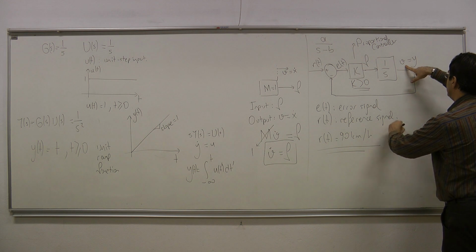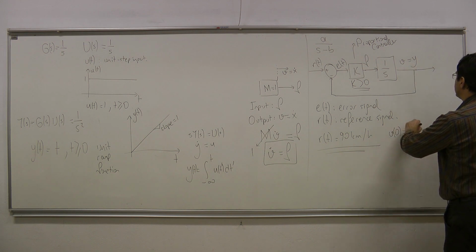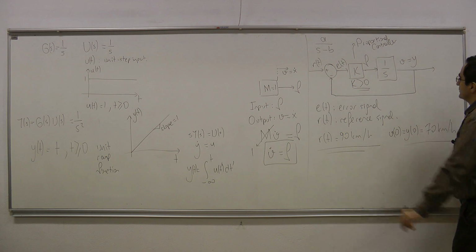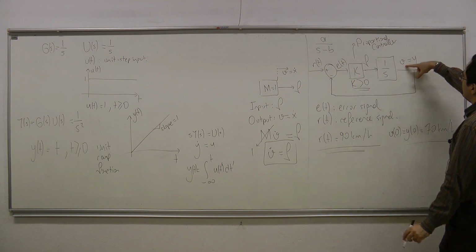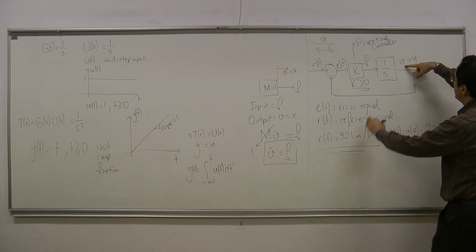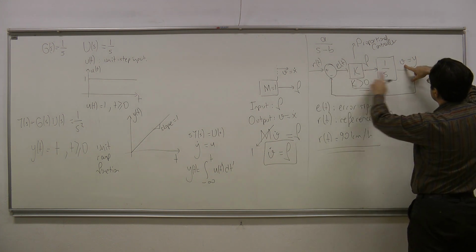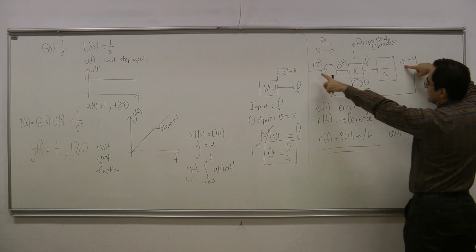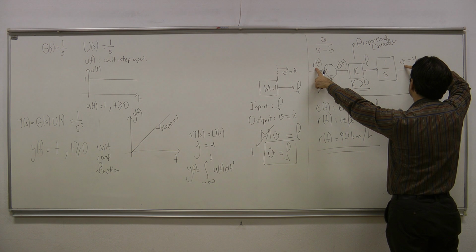Suppose that v of 0 or y of 0 is equal to 70 kilometers per hour. In that case, what is going to happen? So the initial value of V0 is 70 kilometers per hour, and this is 90 kilometers per hour.